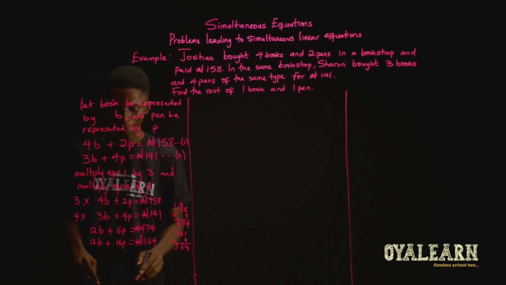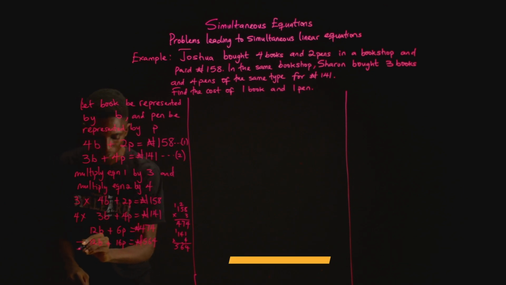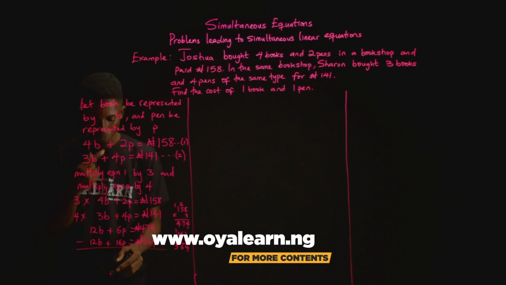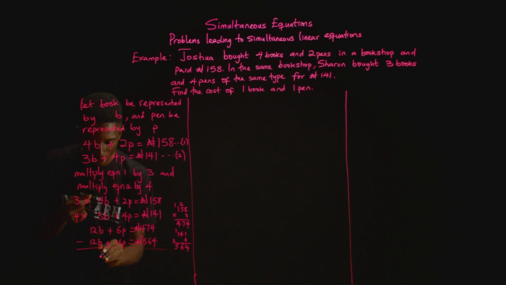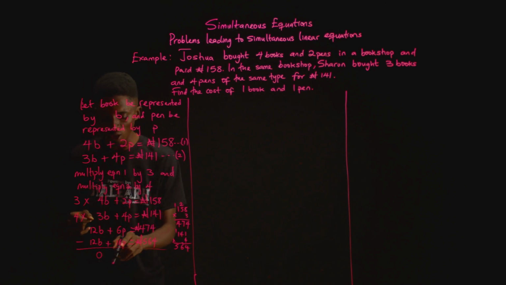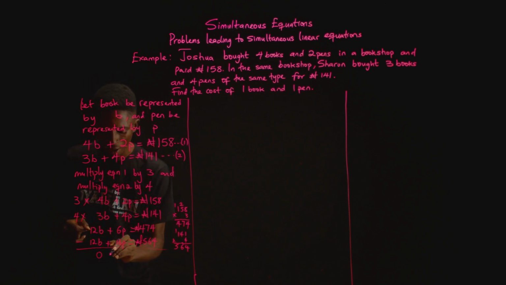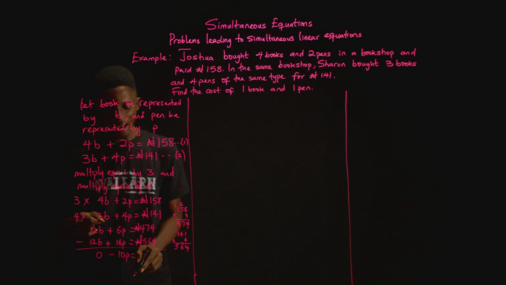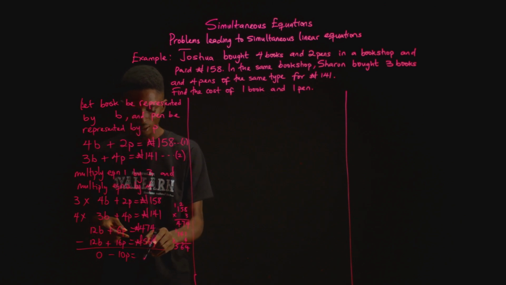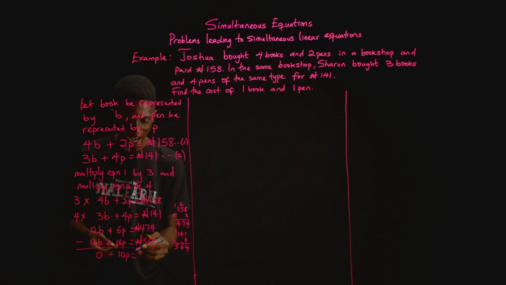Now we subtract this equation from the other. So 12B minus 12B, we have 0. And 6P minus 16P, we have minus 10P. And then 474 minus 564.